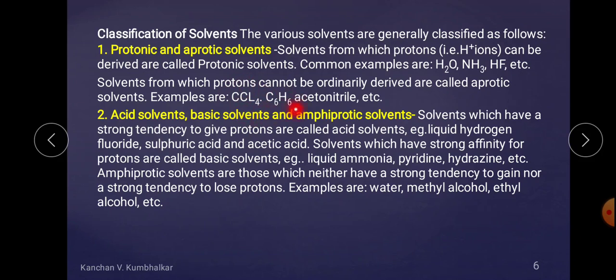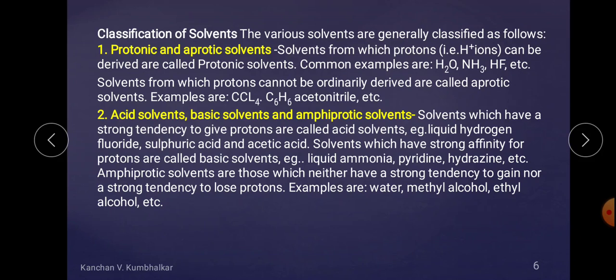In C6H6, because it is an aromatic compound, it is not possible to remove H+, and hence it is considered an aprotic solvent: hydrogen exists, but it cannot separate out as a proton, that is, an H+ ion. Hence solvents from which the proton cannot ordinarily be derived are called aprotic solvents. Examples are CCl4 and C6H6.